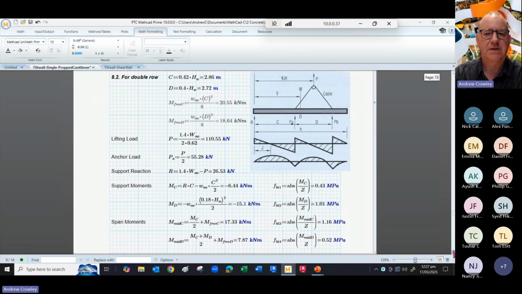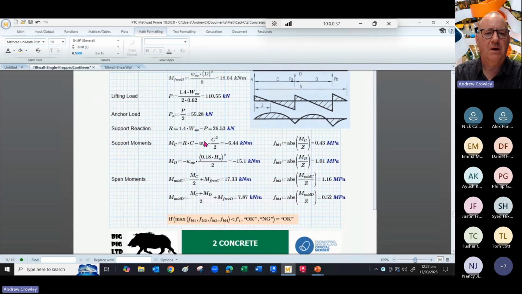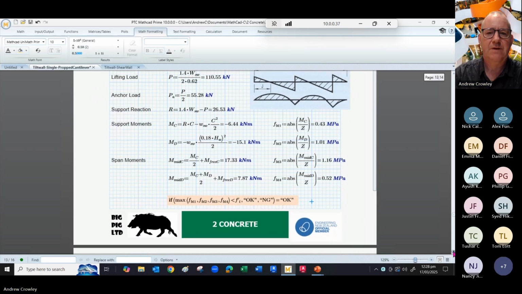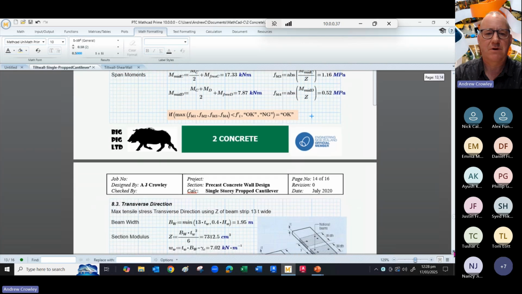Looking at it as a continuous beam, we can calculate what the support moments are and the span moments. And from that, we can get the stress at each of these points and see that the maximum tensile stress is less than the concrete tensile strength. So the double row is what we need.